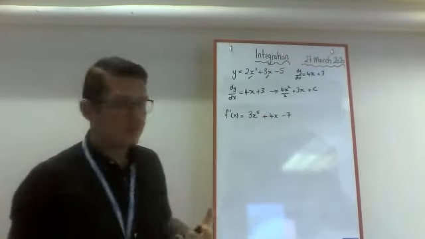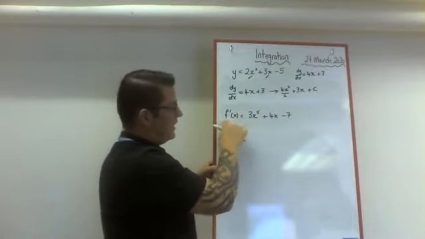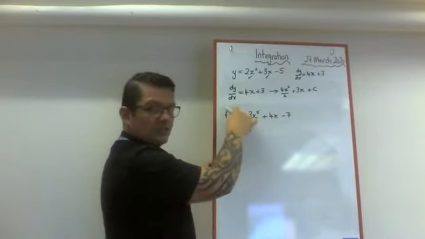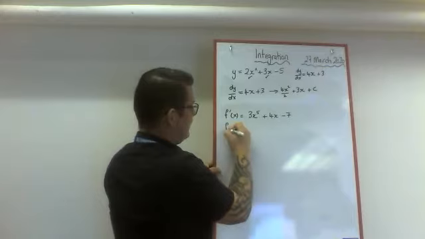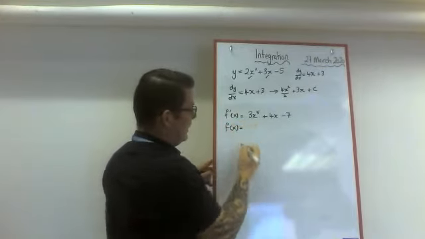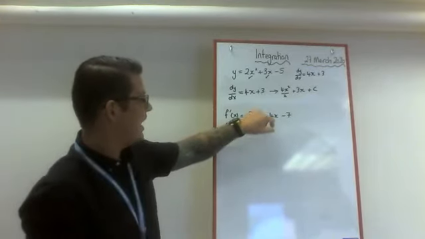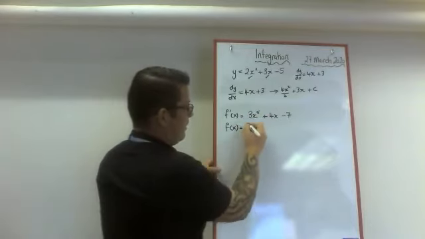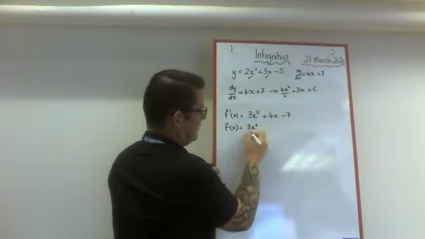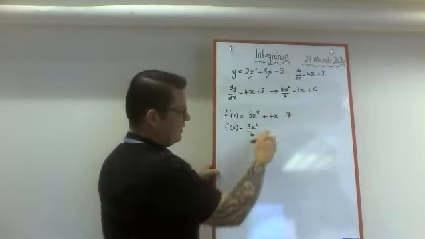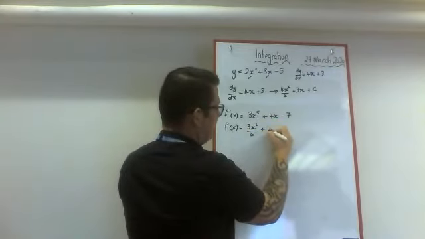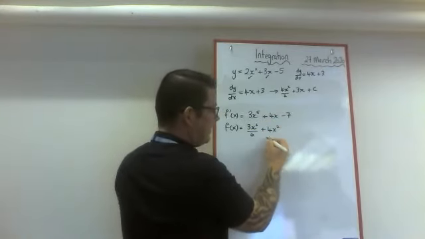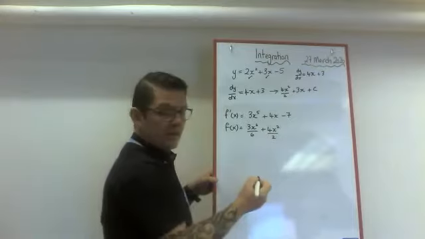If that was the case, then when I integrate f dash x, what I would get back is f of x. So here f of x equals, add 1 to the power divided by a new power, so you get 3x to the 6 divided by 6. Here, add 1 to your power, 4x squared divided by a new power, 2.